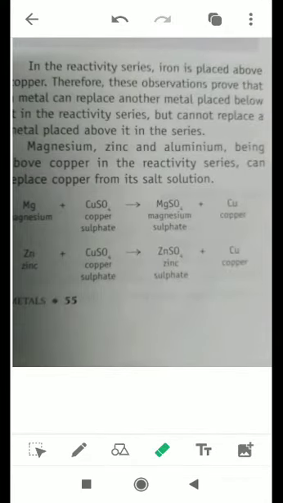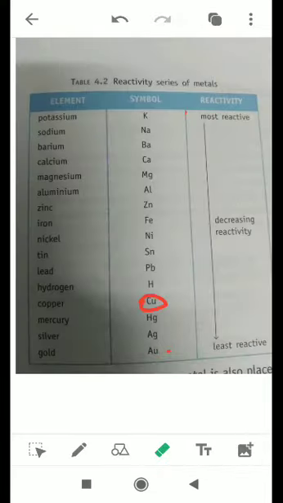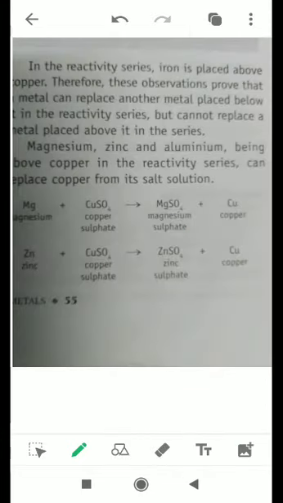See now, magnesium and copper sulfate, zinc and copper sulfate. Magnesium and zinc are both above in the reactivity series, and copper is placed below. So they both replace copper from its salt solution.